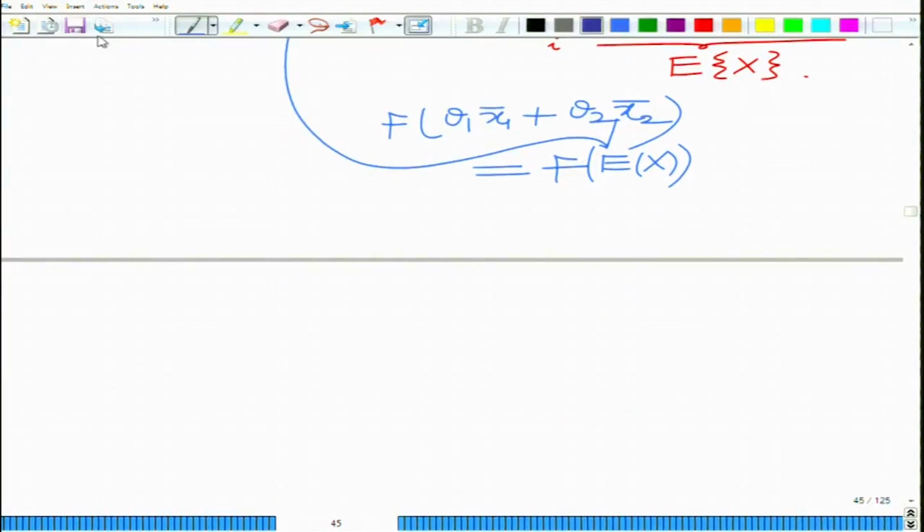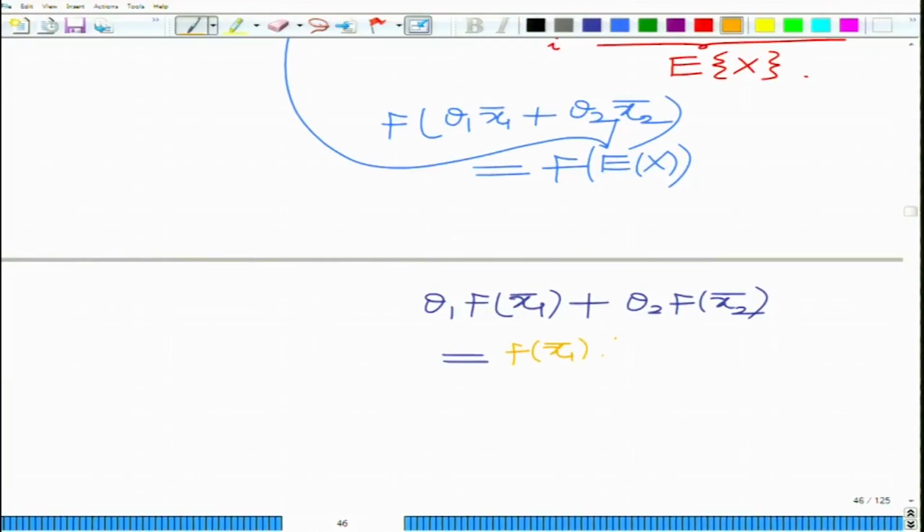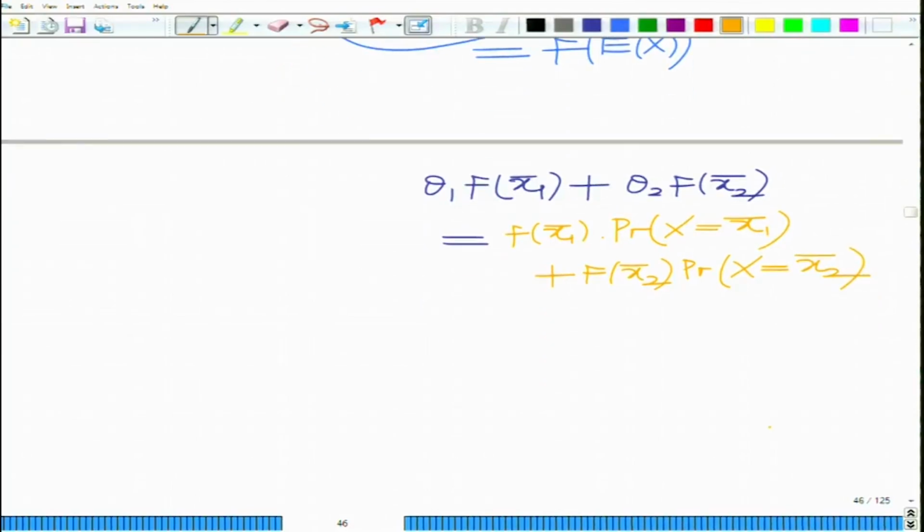Now, on the other hand, if you look at theta 1 f of x1 bar plus theta 2 f of x2 bar, I can write this similarly as f of x1 bar times the probability that x equals x1 bar, which is theta 1, plus f of x2 bar times the probability that x equals x2 bar. And this is equal to the expected value of f of x bar.